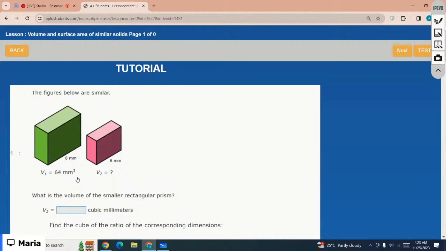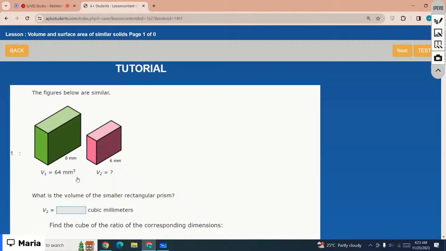The figures below are similar. You are given two similar figures, right? You are given the side lengths and the volume of the bigger figure, right? And that is 8 millimeters. The volume for the bigger one is 64 cubic millimeters. You have to calculate the volume of the smaller figure.